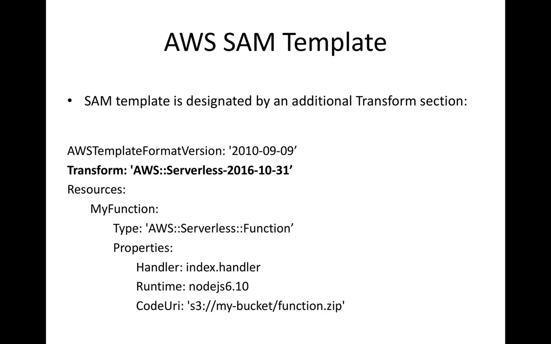So you can see in this template below, which is in YAML format, you can see this transform attribute added to the template. When CloudFormation sees that transform attribute, then it knows that this particular template is using the SAM extension.